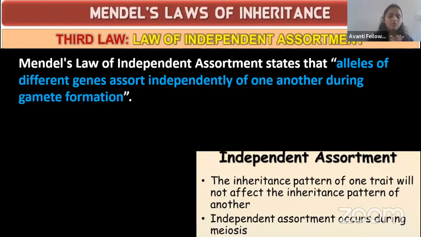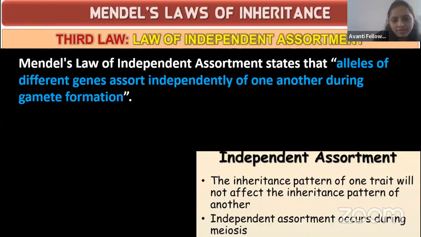Okay, now let us come to the law of independent assortment. The same thing happened, guys, during the dihybrid cross, which we have studied. So here, one character is not dependent on another character. One gene is not dependent on another gene, right? So they are segregating.